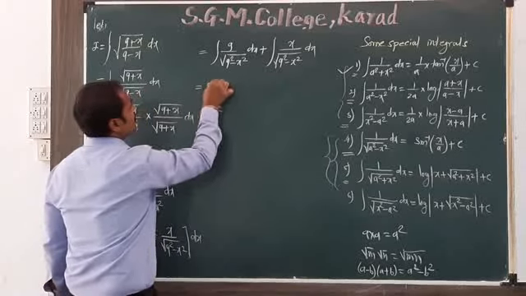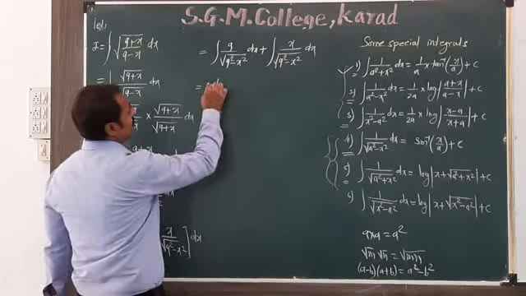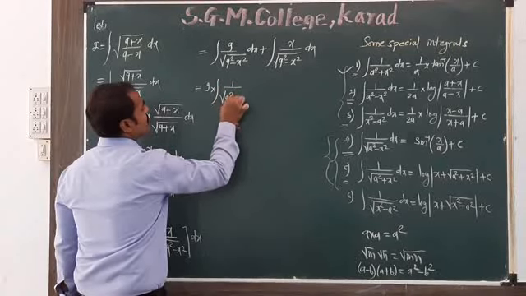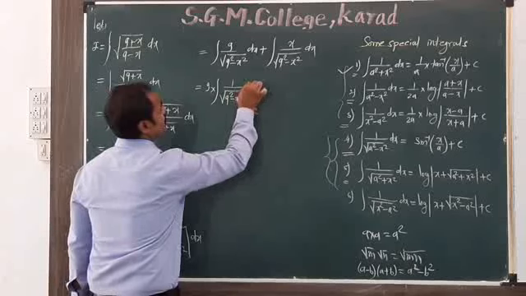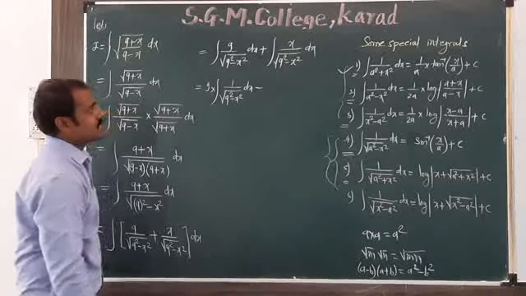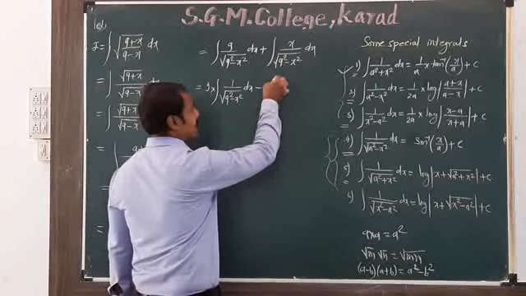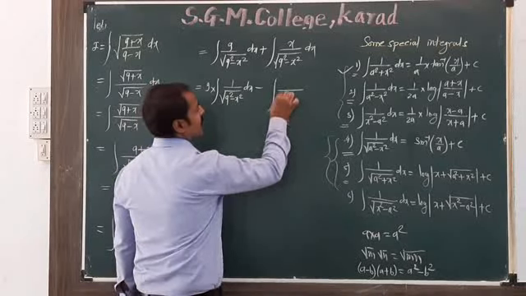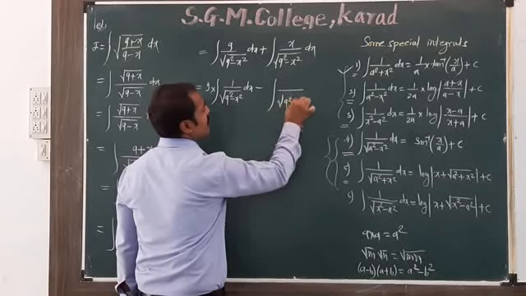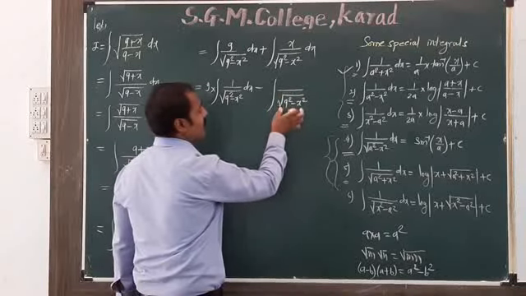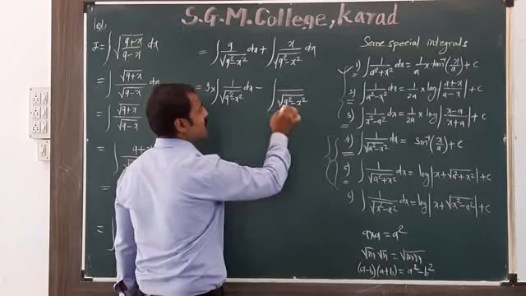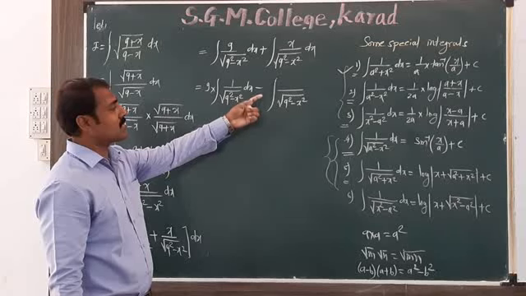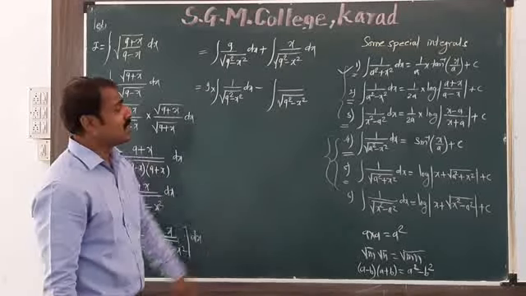Okay, here 9 is a constant, so take it outside the integration, and inside the integration there is 1 upon root of 9 square minus x square dx. Now I adjust the derivative of the denominator in the numerator. Remember that step. In the denominator there is root of 9 square minus x square, and the derivative of the function inside the square root is: 9 square is 81, a constant, whose derivative is 0, minus the derivative of x square, which is 2x.